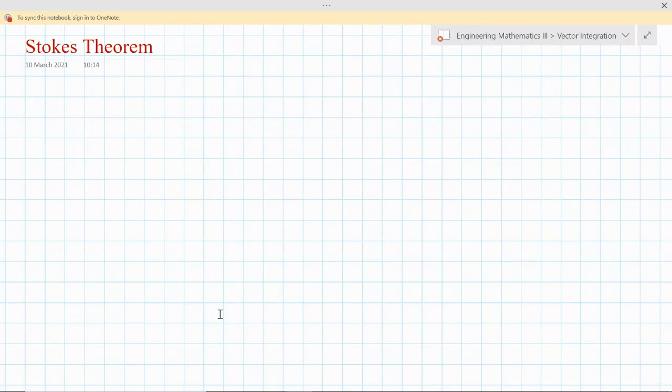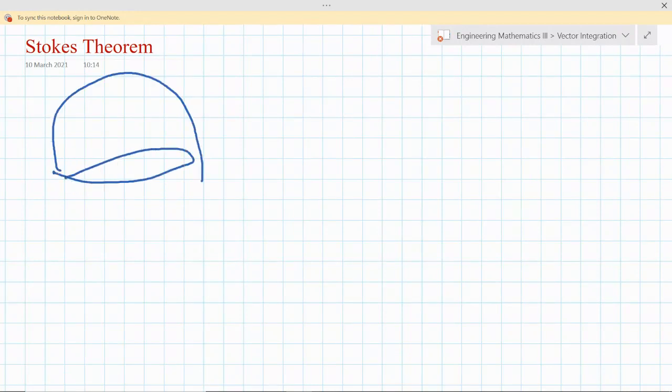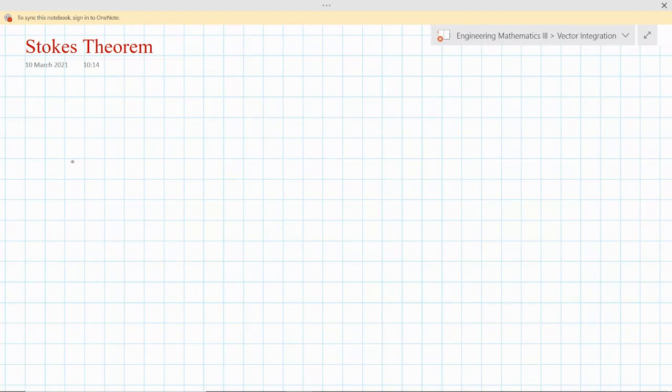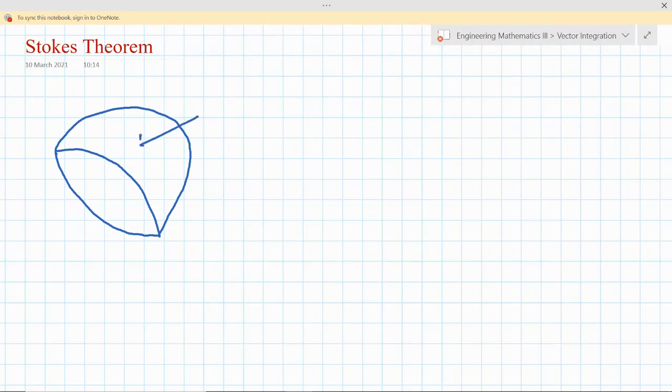Suppose we have a curve like this. This is the closed curve. Suppose this is our closed curve, and this is the surface, and if we take this f bar over this surface, this is our f bar.